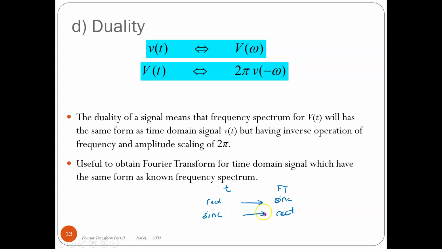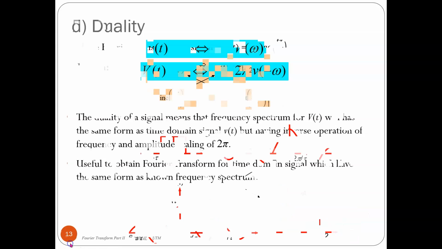That is why we call it duality. However, this has the inverse operation of frequency, which is negative omega, and also an amplitude scaling by 2 pi.